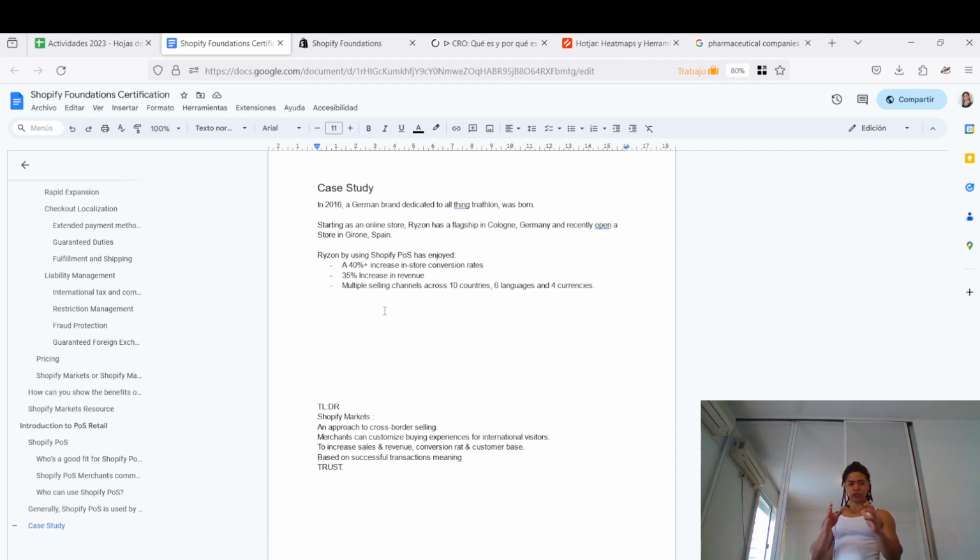By using Shopify POS, they now enjoy a 40% plus increase in store conversion rate. Exactly, in this particular case study.